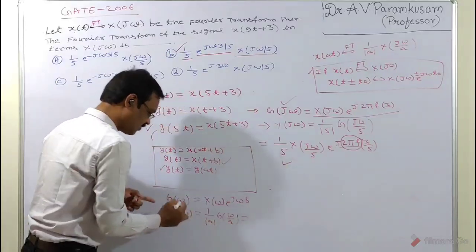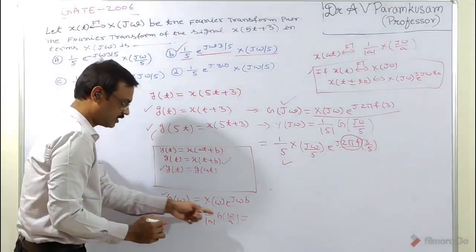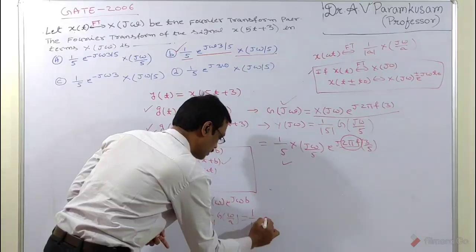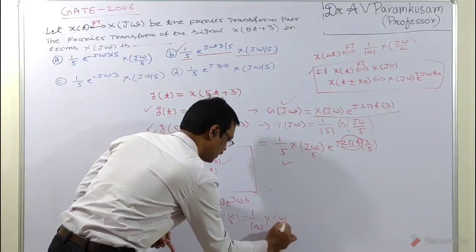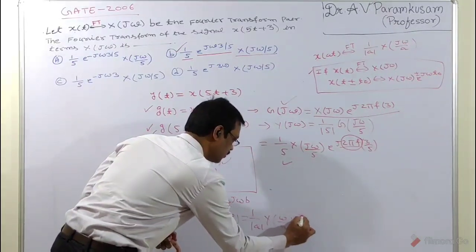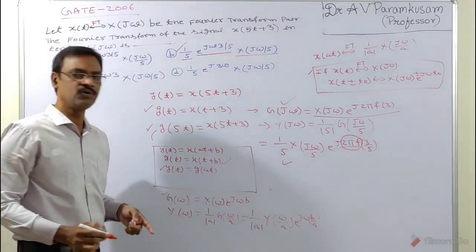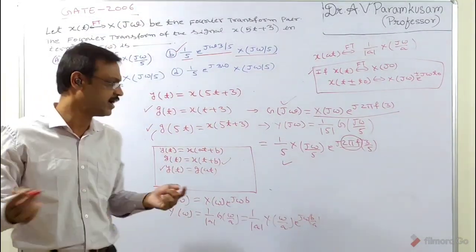So now G of omega is equal to this. Now you get 1 by mod a X of omega by a e power j omega b by a. So in this way you can find the Fourier transform of any type of signal.